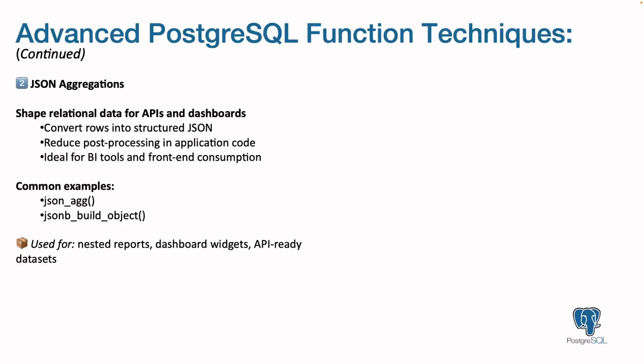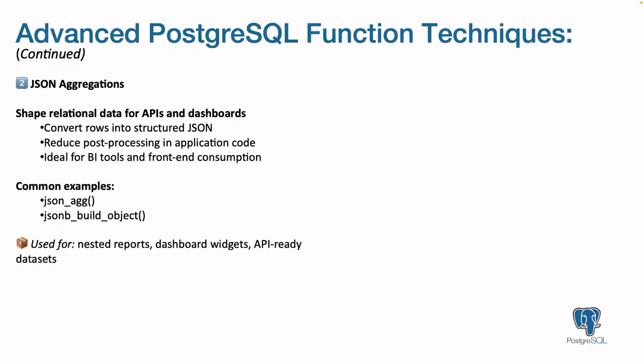Next, let's talk about JSON aggregations. JSON aggregation functions allow us to transform relational rows into structured JSON documents directly inside Postgres. This is especially useful when we're building dashboards or APIs because the data often needs to be nested or grouped in a way that doesn't match the raw data structure.